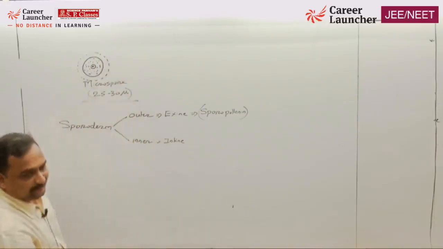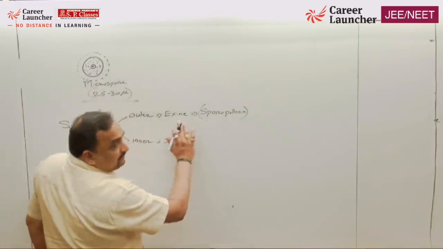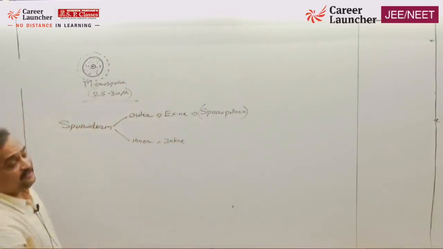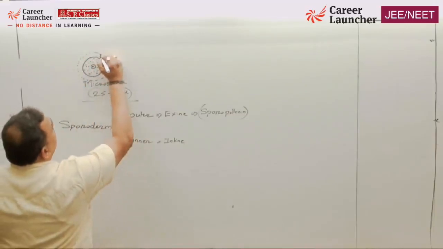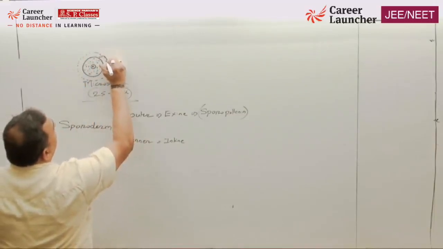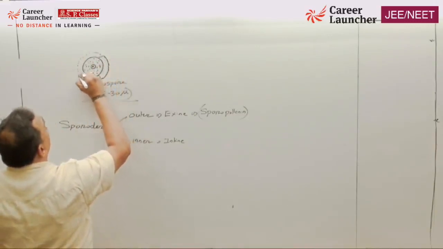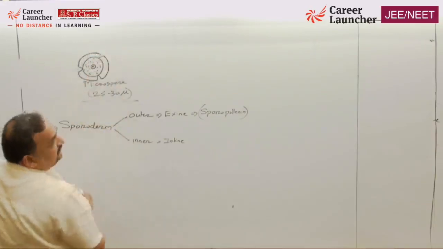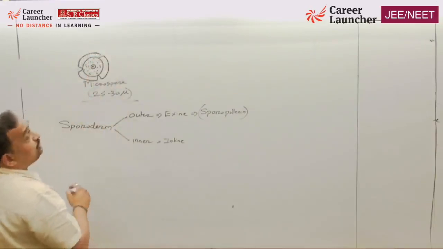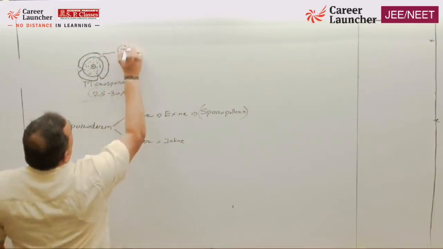I hope you understand. But this sporopollenin, which is exine, is not going to cover it completely. There are certain unthickened areas, where either the sporopollenin is missing or it has been thinned out, and this particular area is called the germ pore. What do we call this? So this is called the germ pore.